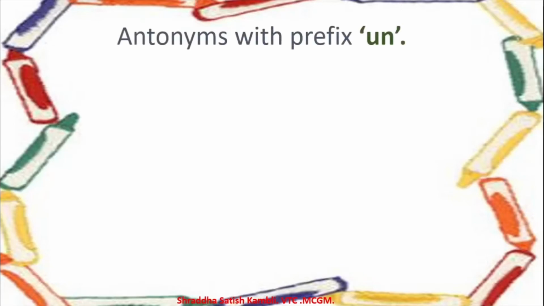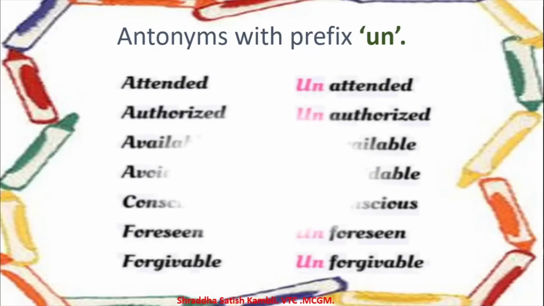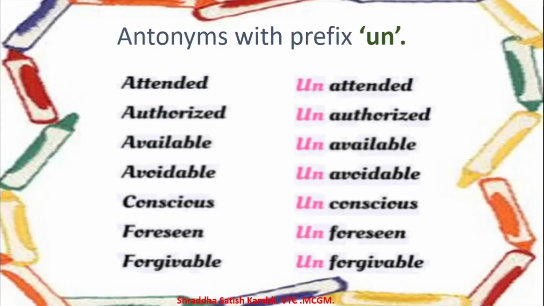Let us take a look at a few more examples of antonyms with the prefix un. Alright, yes, so think which could be the words. Yes, so you have attended, unattended, okay, authorized, unauthorized, available, unavailable.